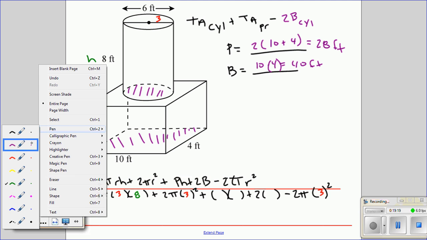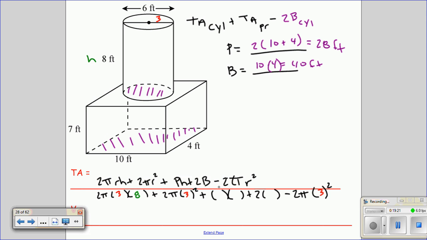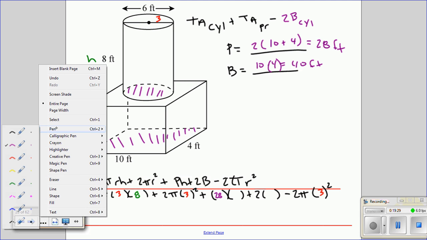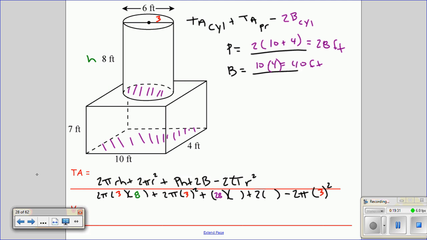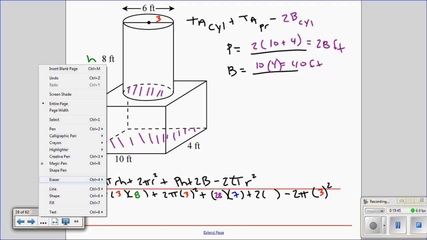All right. The perimeter of my prism is 28. The height of my prism is 7. The base of my prism was 40.